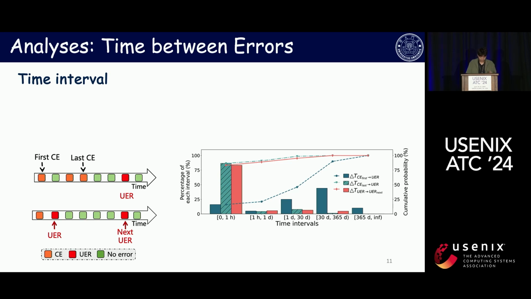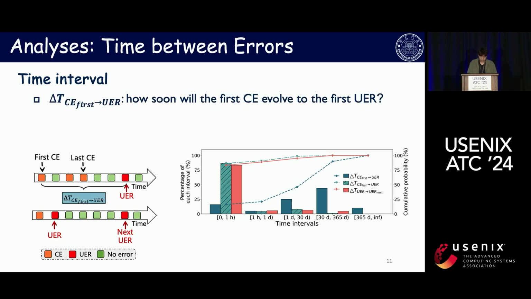Since UERs have accurate timestamps while UEOs do not have actual timestamps, we only consider UERs in our time interval analysis. We analyze 3 time intervals. The first is the interval between the first CEs and the first UERs, which can guide the error log collection range.